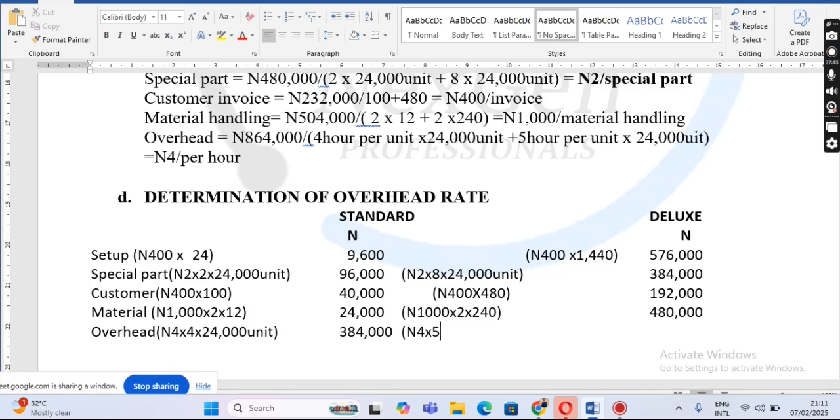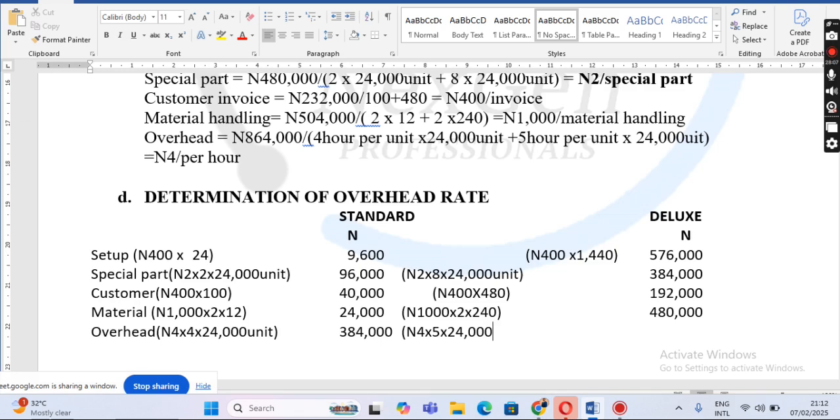Don't forget that in this ABC, something is always common. You can see the way we multiply all the rates, right? Now, because of the space, that is why I didn't put the 5 hours per unit. Please, you can do all these things outside, then you bring it in. Times 24,000 units.